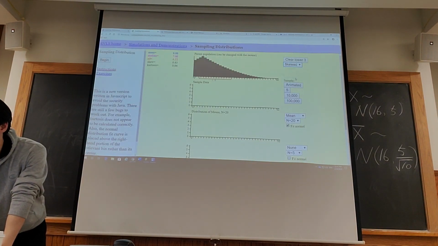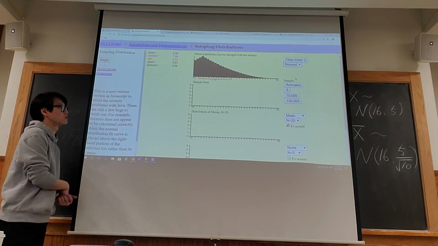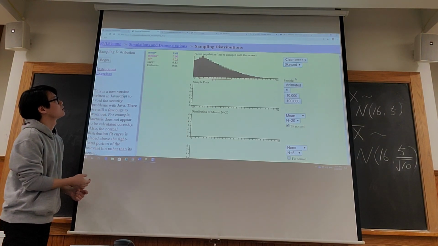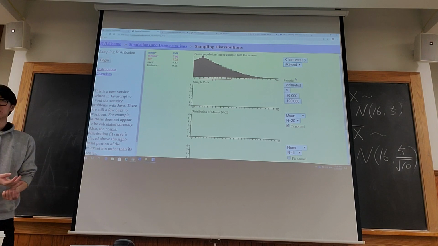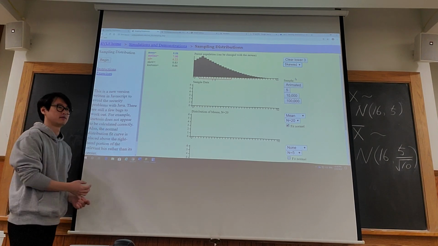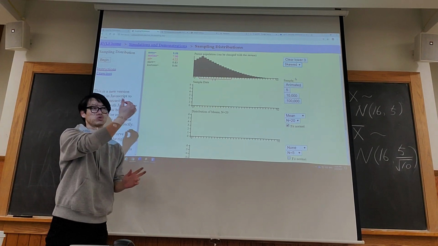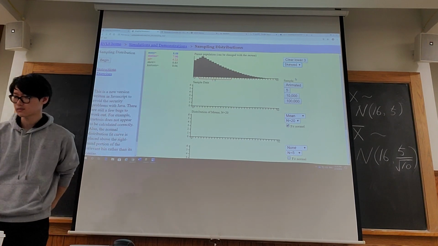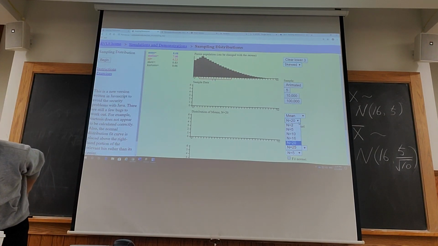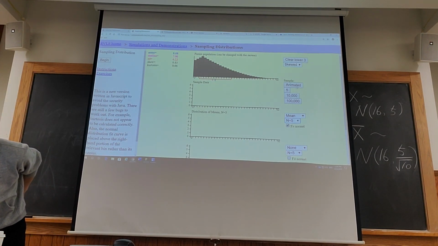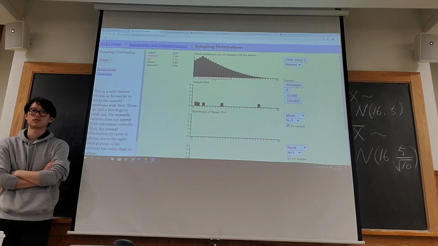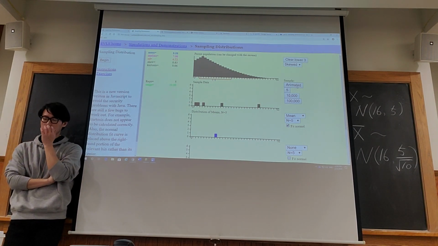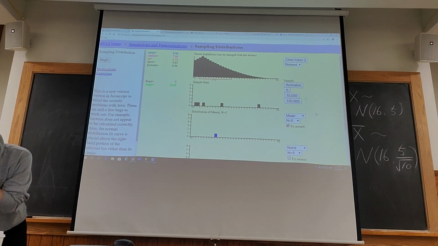Let's just switch my population distribution with a skewed distribution. So we have a skewed distribution, skewed to the right actually, and I want to do the same thing. So I will pick, let's just go with 10 then.